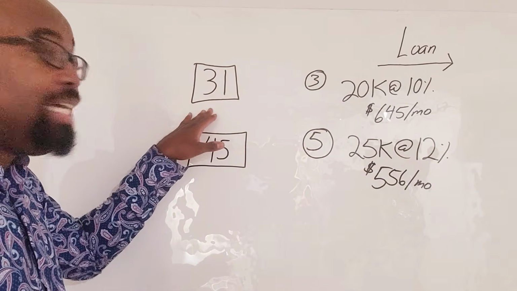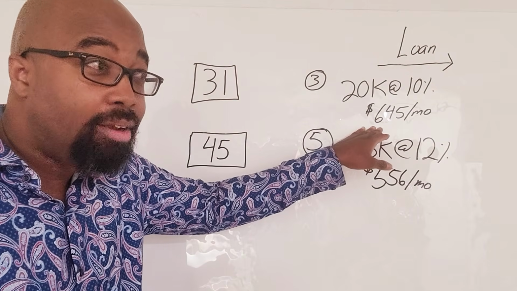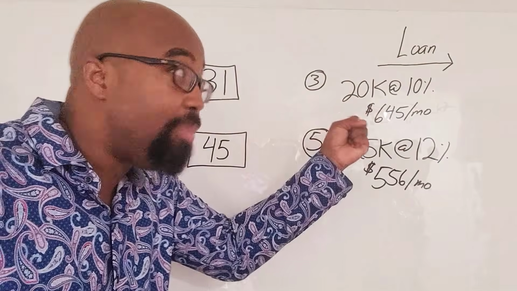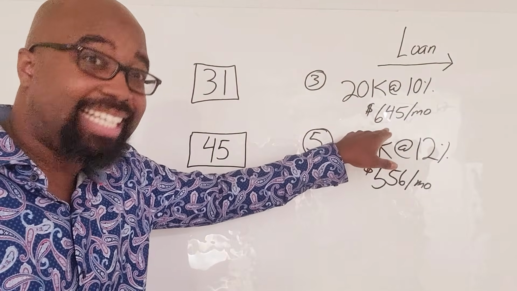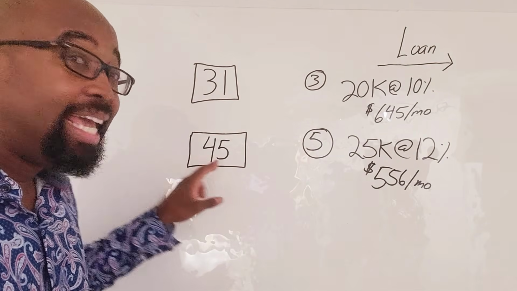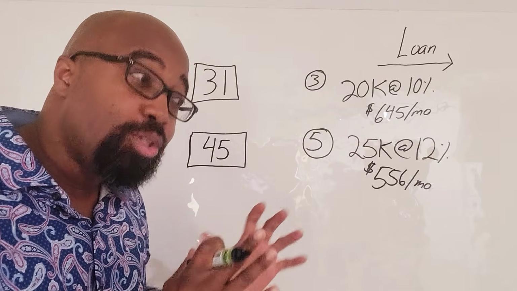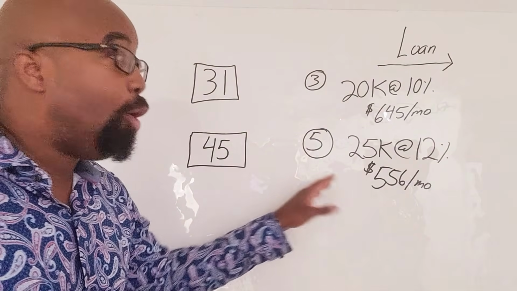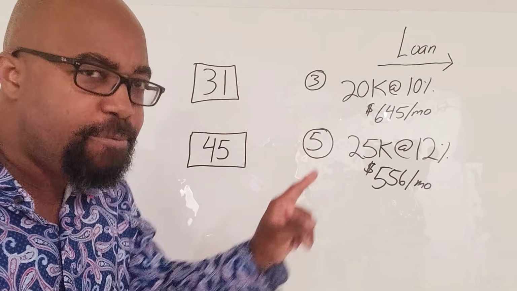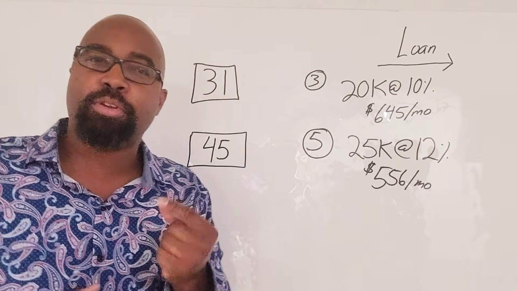But this one is letting you know, hey, wait a minute, this $645, we can actually get rid of this loan much quicker if we were to focus on that one and capture this cash flow. All right. Now, the 45 is still in the danger zone, so 0 to 50. So, of course, this is still inefficient, but it's not as inefficient as this one. Do you see why we use the cash flow indicator method?